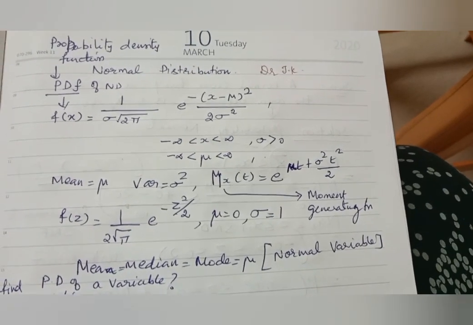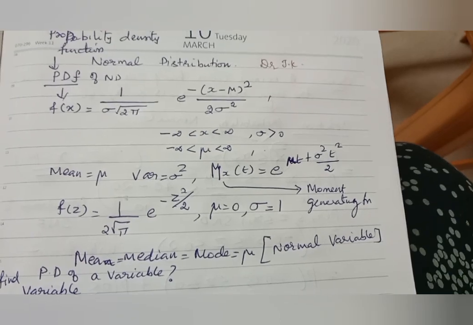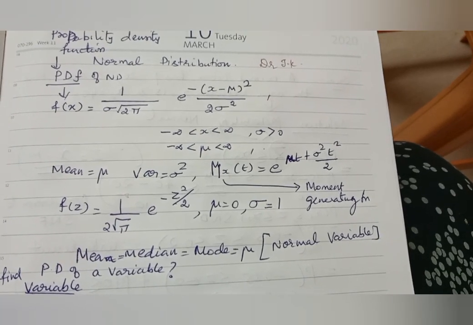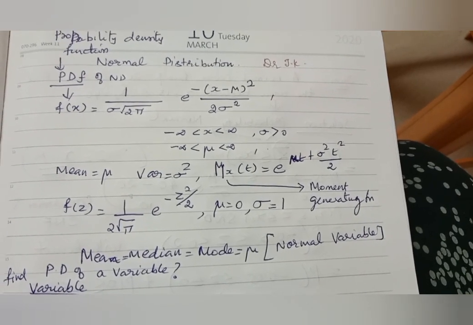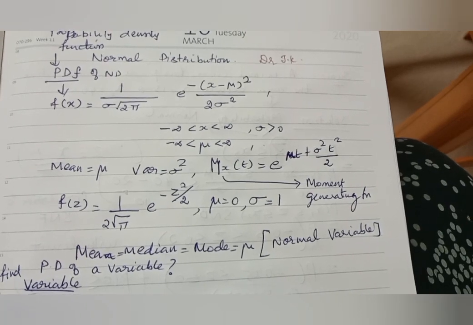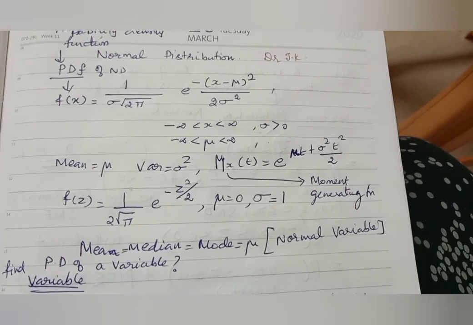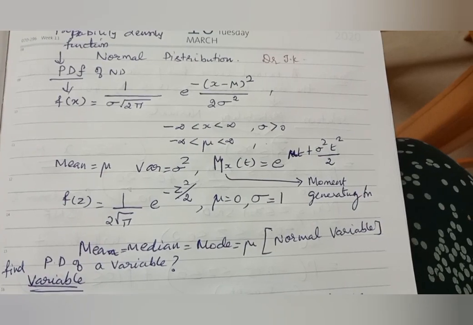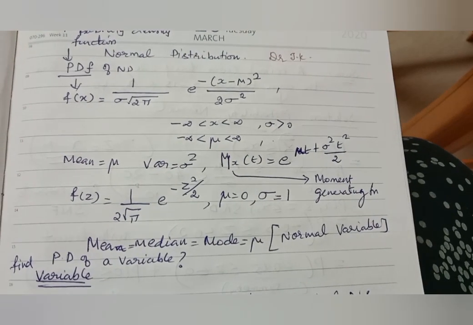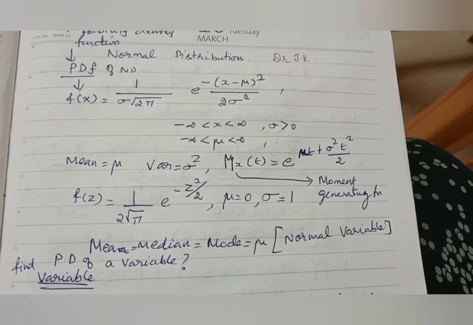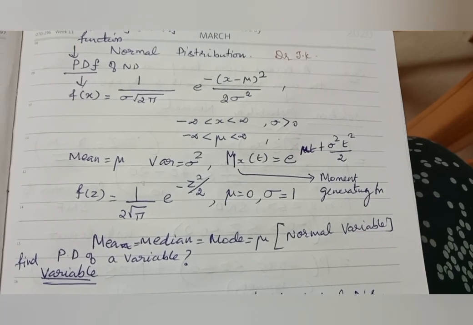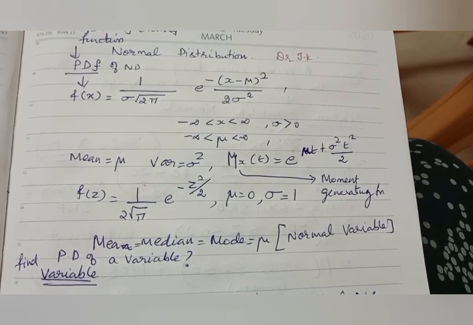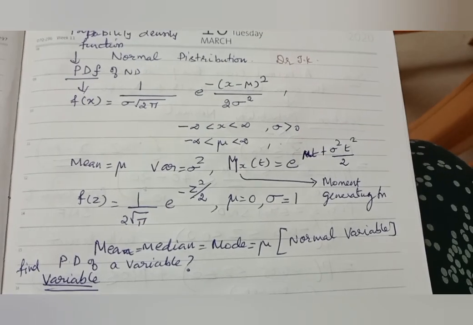So the formula is f of x is equal to 1 by sigma square root of 2 pi into e power minus (x minus mu) square divided by 2 sigma square, where x lies between minus infinity to plus infinity and mu lies between minus infinity to plus infinity and sigma greater than 0.